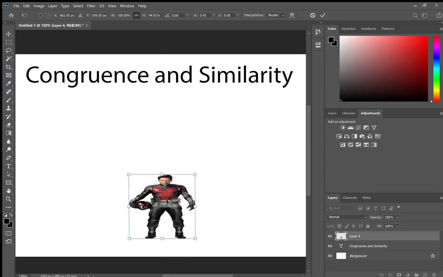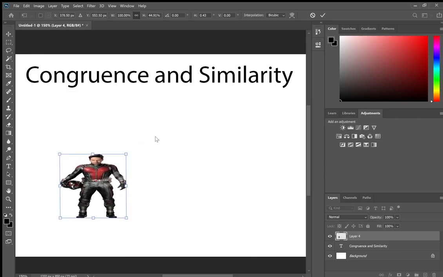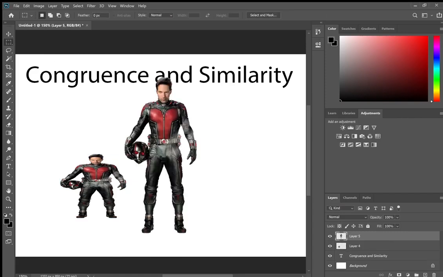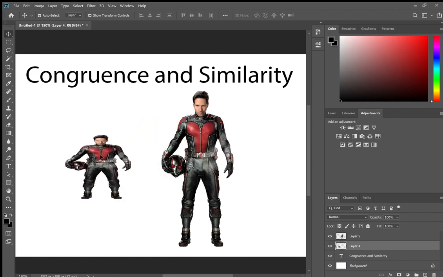We can use this to see the definition of similarity. So I'm going to put another copy of original Ant-Man down here. And you'll notice that no matter what I do, I can't map this Ant-Man perfectly onto this one. Let's get that one in the front.